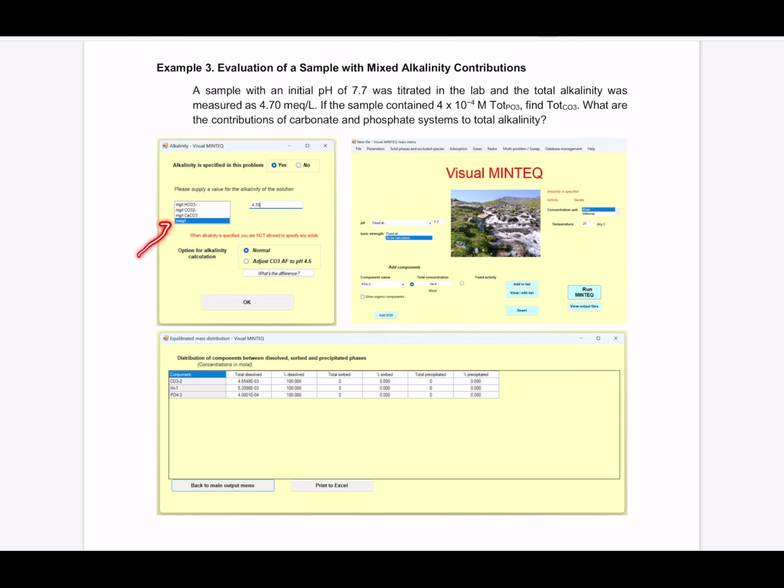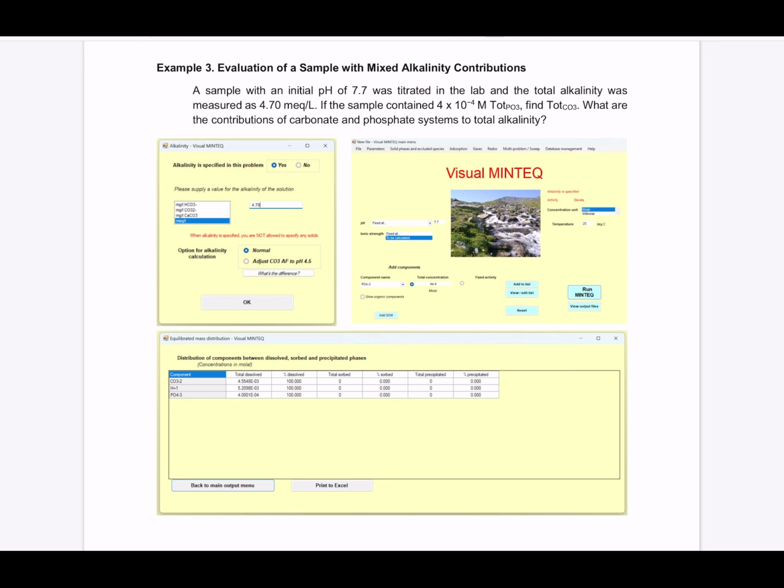So first we need to define alkalinity as a parameter. It would be 4.7 milliequivalent per liter. Then we come to the main page and fix the pH, because the pH is fixed at 7.7, so it's a condition. And then we define the total phosphate concentration, which is 4 millimolar.